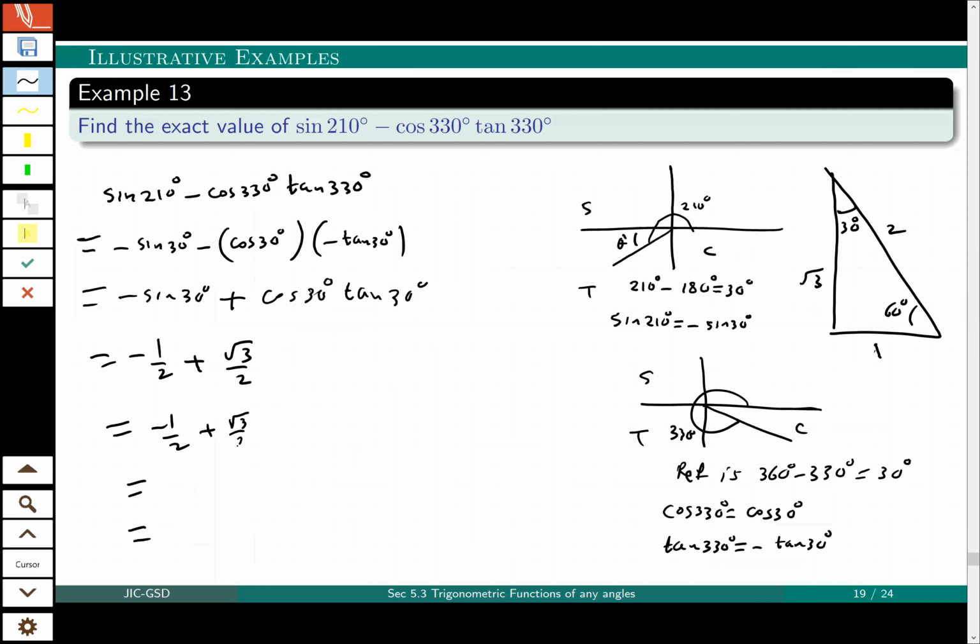So that's root 3 over 2, so that's 1 over root 3, and that will be minus 1/2 plus 1/2, which is 0. Tan is opposite over adjacent.